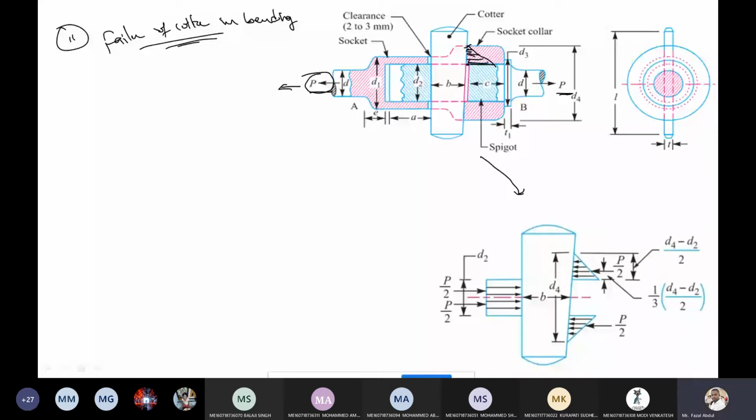In the same manner, at the point of contact between the cotter and socket, the bending moment is maximum at the inside and minimum zero at the outside. Okay. Now, because this is pulling towards the left side, I have shown it with an arrow mark towards the left side. Now, the spigot is pulling towards the right side. So, in this manner, that I shown here.